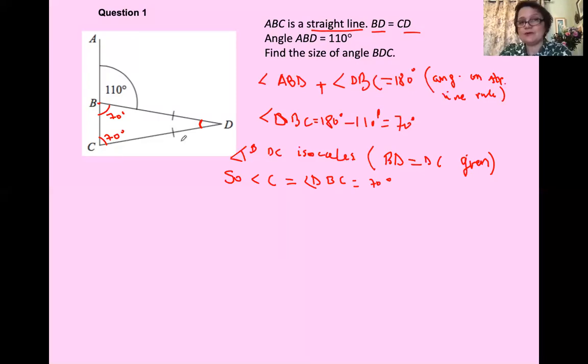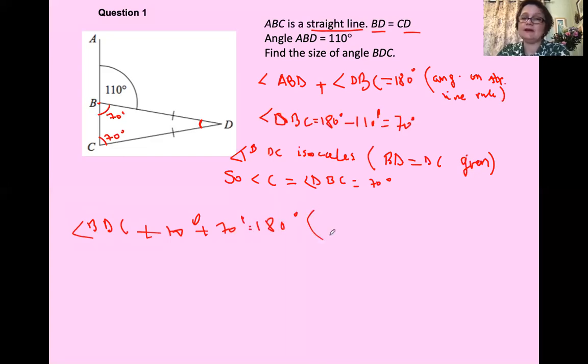So now is the time to find angle BDC, this angle here. Again, we know the rule of the interior angles in a triangle add up to 180 degrees. So we're going to say angle BDC plus 70 equals 180 degrees.